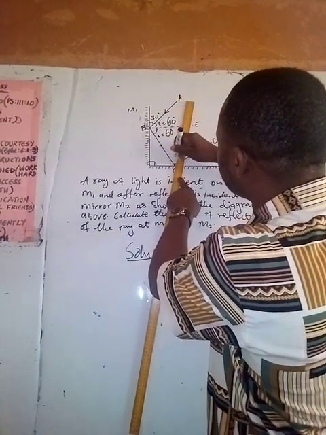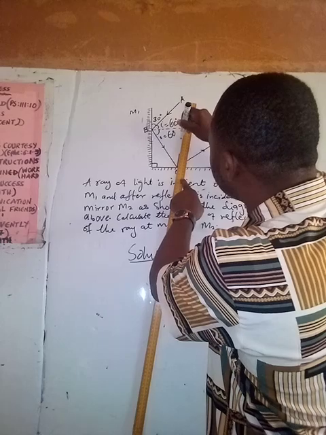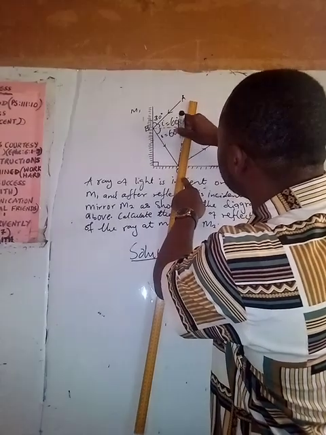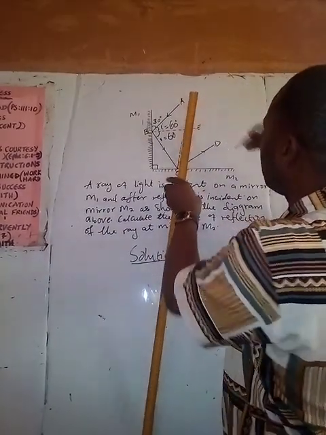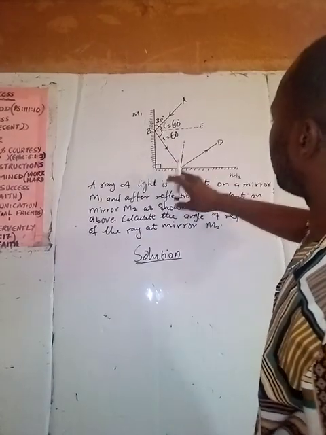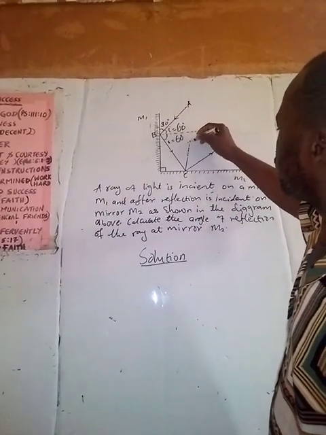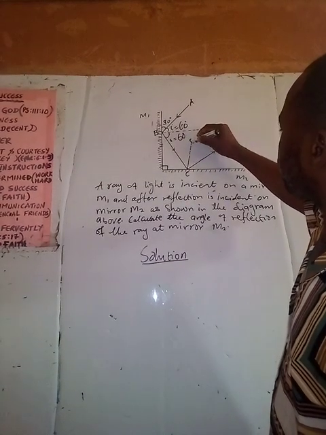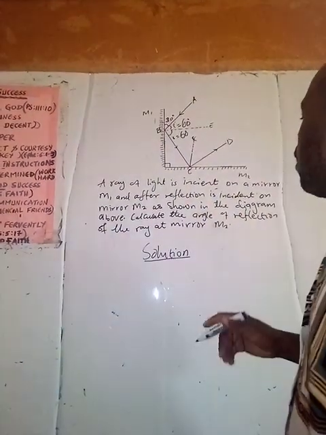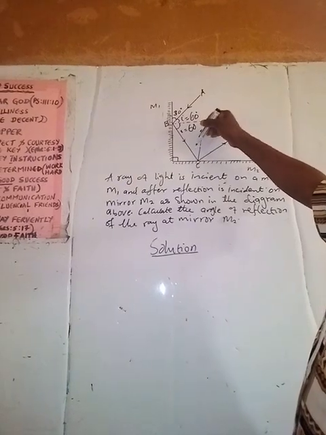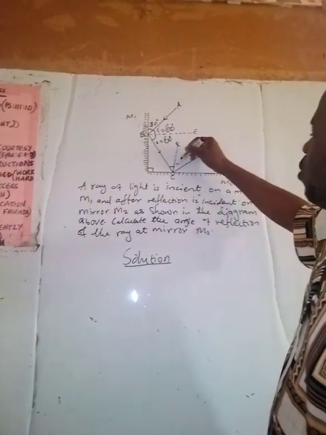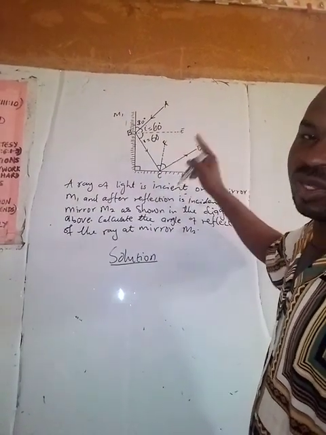So how do we get that? I'm going to draw a line, extend a line here, and you can make it dotted. So from here we have a normal. This is a new normal. Can we call it F, for instance? So here, how do we get this angle of incidence and angle of reflection, which is the required angle we're talking about?